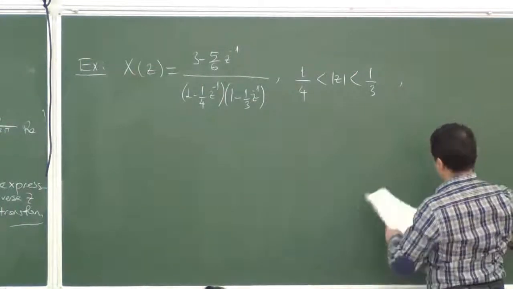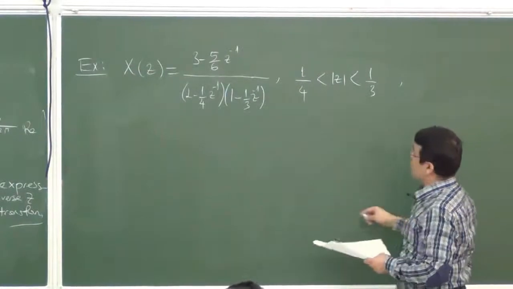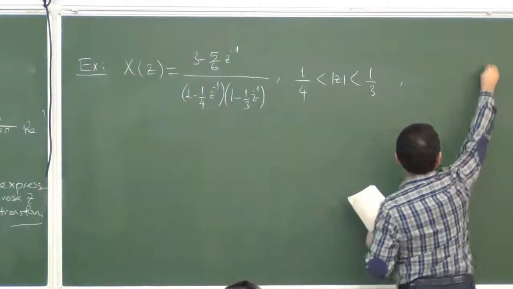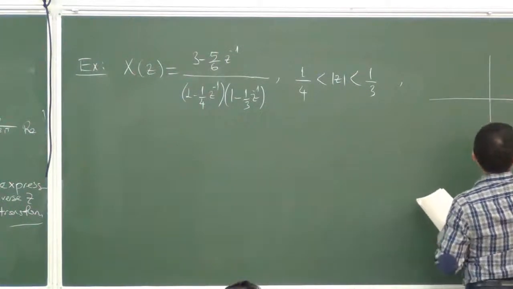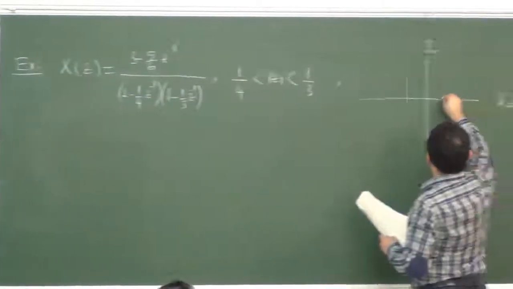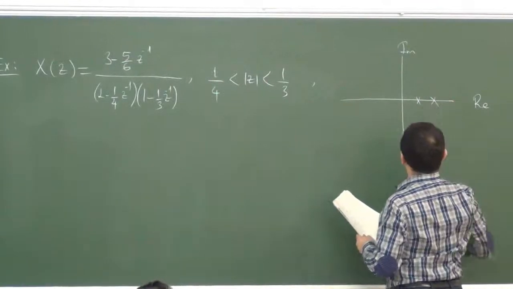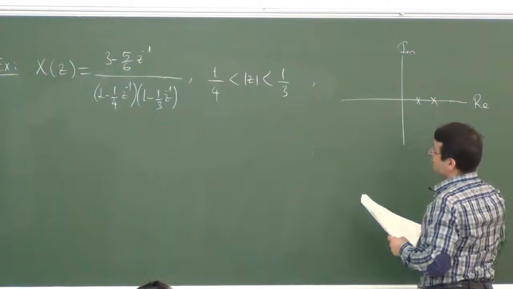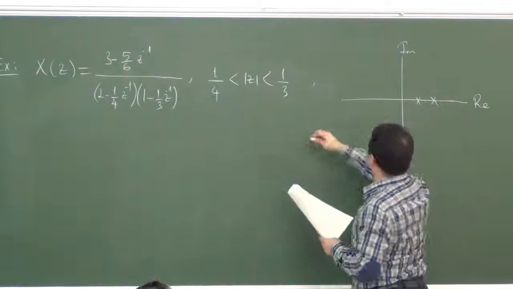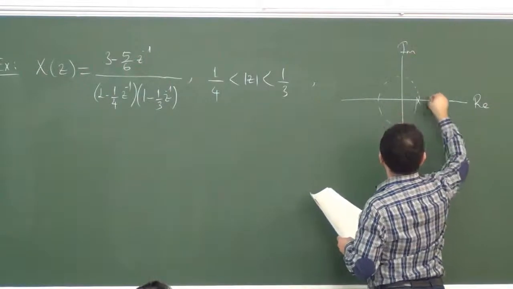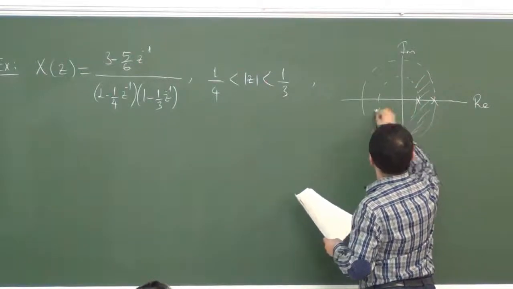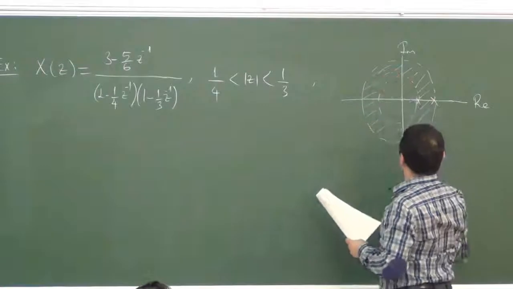You already learned this. So there are 2 poles. One is at 1/4 and the other one is at 1/3. So in this case, let's say this is the z plane. This is the real axis, this is the imaginary axis, and this is 1/4 and this is 1/3. Okay, these are the poles. So for this definition, the region of convergence is a ring, okay?